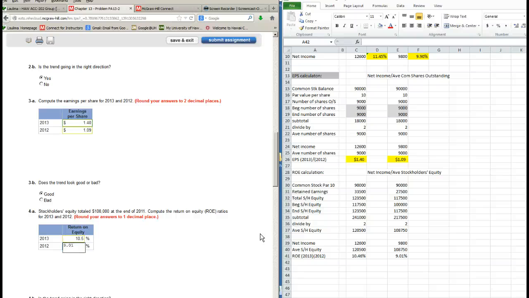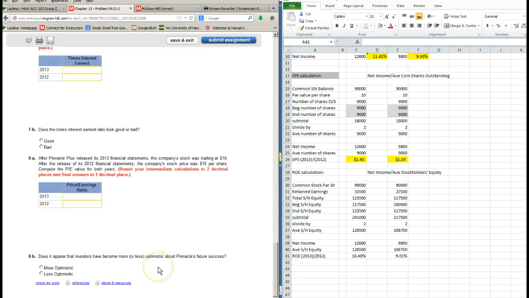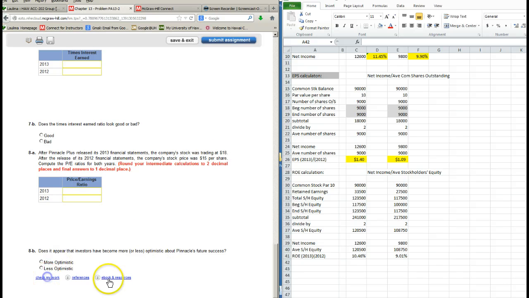For 2012, 9.01 makes it 9.0 rounded. Is this trend going in the right direction? Is return on equity going up? Yes it is. It went from 9.0 to 10.5. I would say yes. And let's check my work.